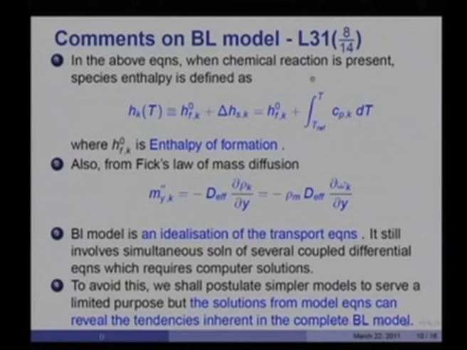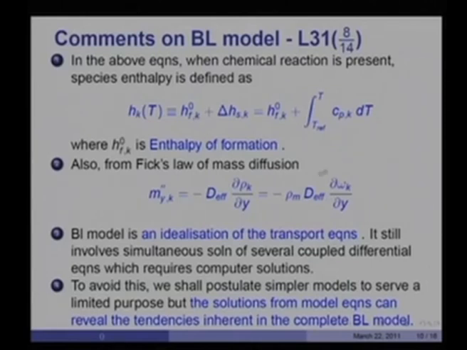If it was an inert mixture, I could assign any value to H naught F k as a datum value, but in a chemically reacting mixture, H naught F k is taken as 0 for naturally occurring substances like carbon, oxygen, nitrogen, and so on and so forth. But all other compounds like CH4 or CO2 or CO, all of them would have a certain value for H naught F k, and these are well tabulated in literature. So, there is no problem in getting the values of H naught F k.